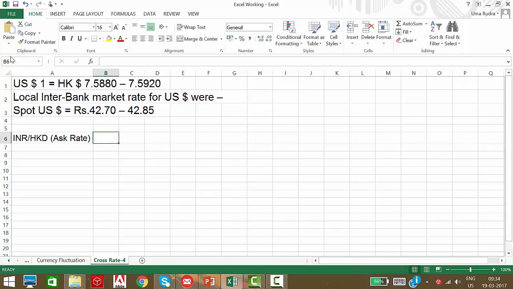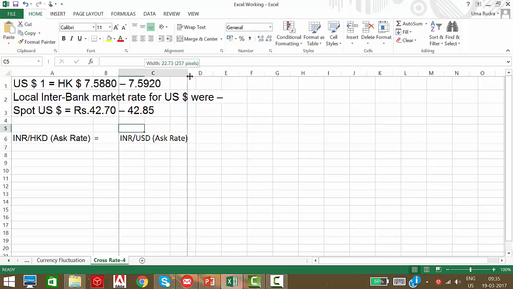But we have the combination US dollar, Hong Kong dollar, and US dollar, INR. So we need to determine this cross rate, INR per HKD. So how to determine that? This equals INR per USD. Definitely the ask rate, because we need to calculate the ask rate of this combination, right?